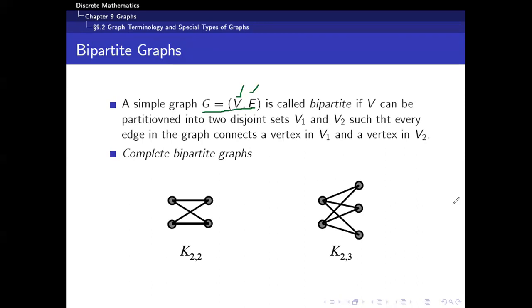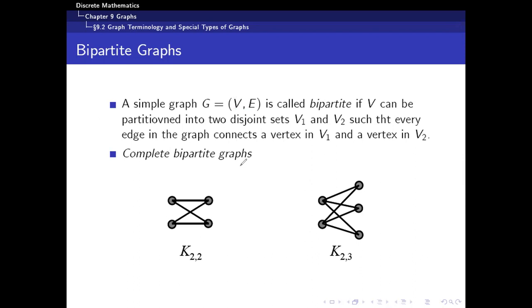What do you understand by the V and E? Vertex and edge. What is vertex and what is edge? Edge is the connecting line between those vertices. Okay. So joining points or connecting lines.